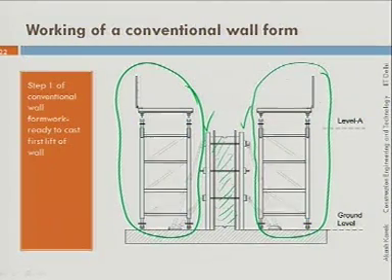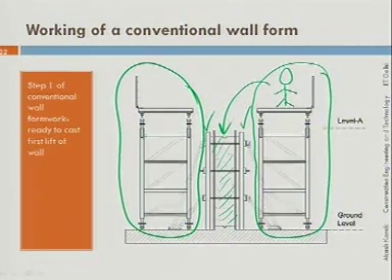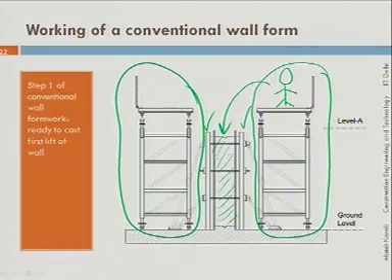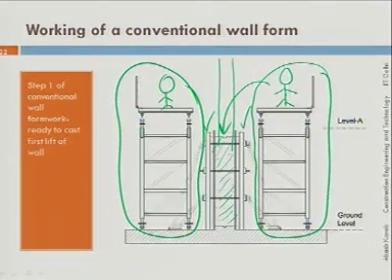Because your worker should be standing here for pouring the concrete. Your worker should be standing here for tying reinforcement for upper floors. They will not be hanging in air. They need some place to sit, they need some place to stand.